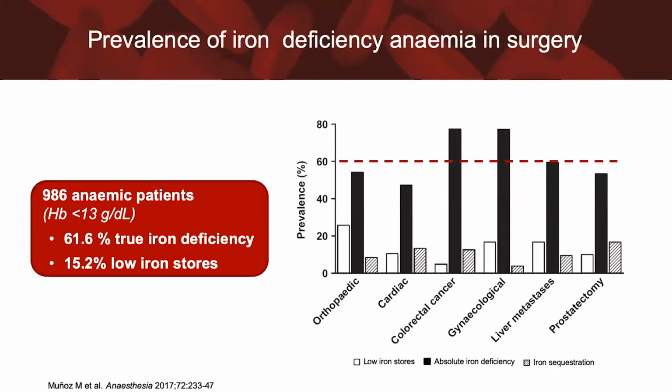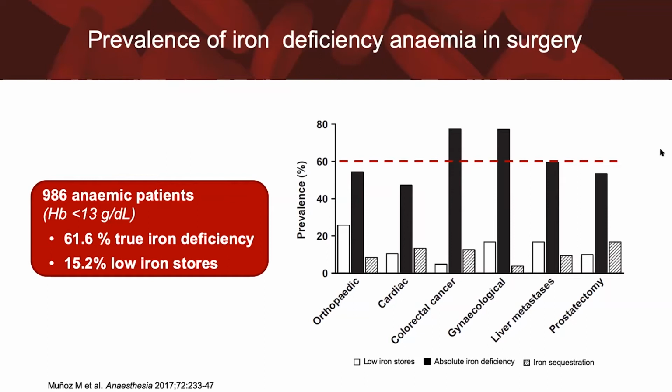In the pre-op patients, you can see here in this cohort of around 1,000 patients with a hemoglobin level of less than 13 gram per deciliter preoperatively, that the prevalence of true iron deficiency is around 60% in all kinds of surgery.